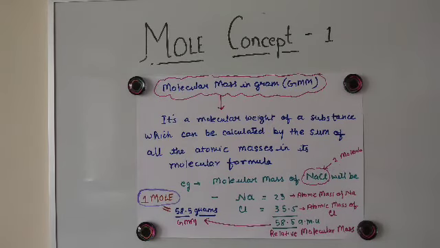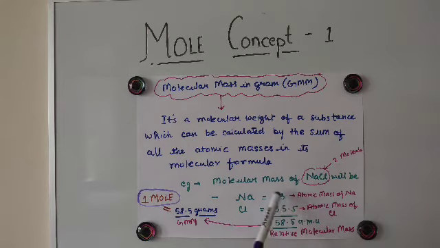For calculating the molecular mass, what do we need to do? We need to add separately the mass of sodium and the mass of chlorine, or you can say the atomic mass of sodium and the atomic mass of chlorine. So what is the atomic mass of sodium?